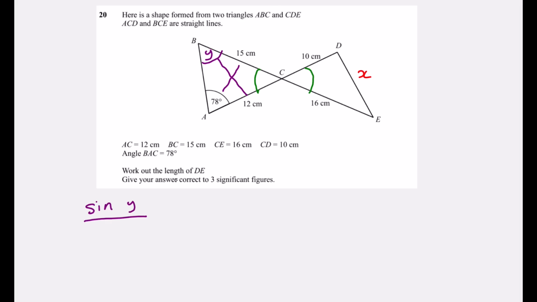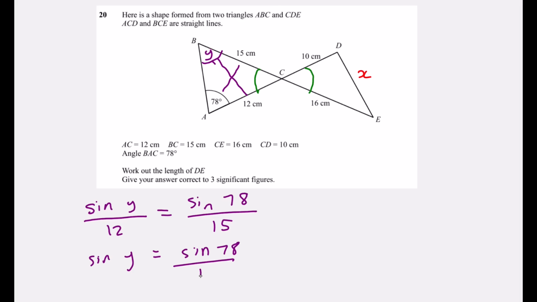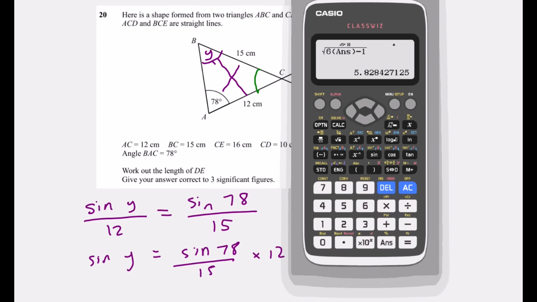So the sine rule, I want my angles on top because I'm finding an angle. So sine y over its opposite, 12, is equal to sine 78 over its opposite, 15, times by 12 to get sine y by itself. So sine y is equal to sine 78 over 15 times 12, which is 0.7825, and so on.